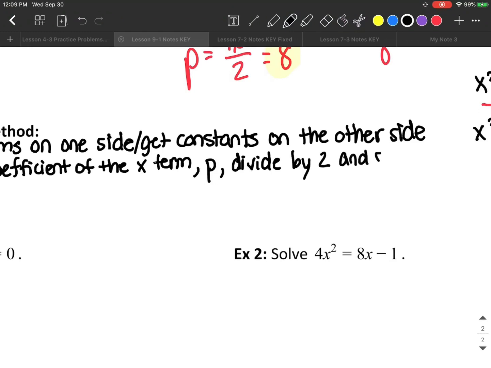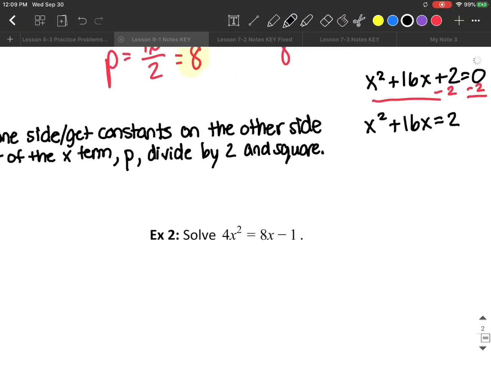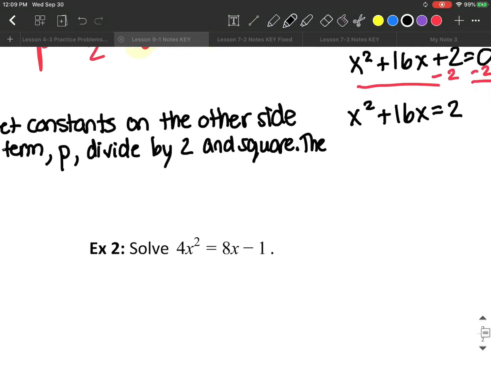That's going to be the number that I add. So after I do that, I'm going to add that number to both sides.